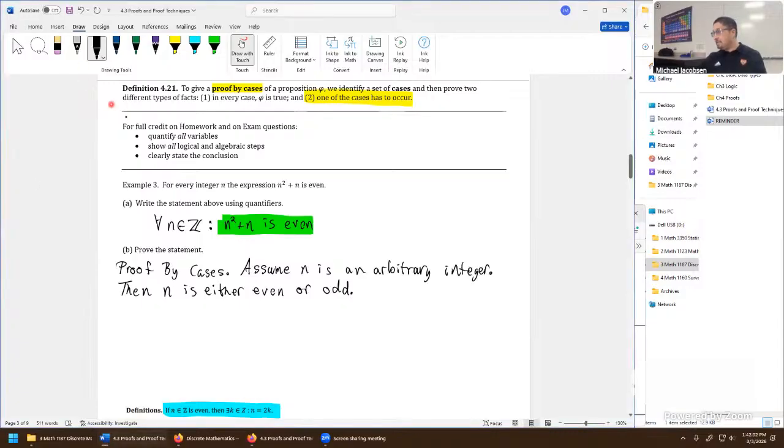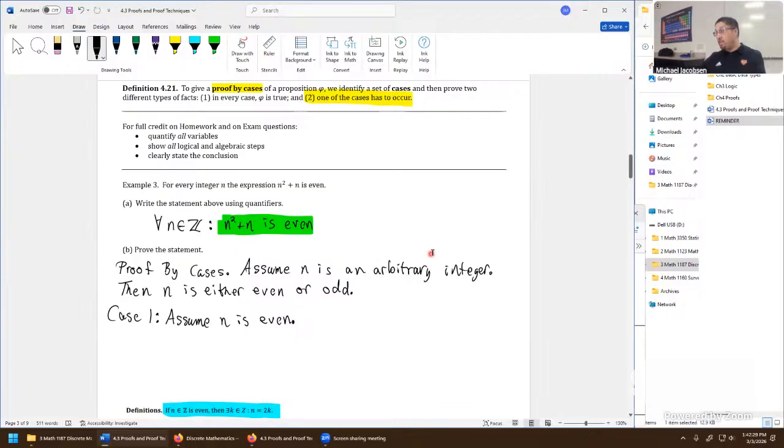Okay, well, let's start with even because it's right here on the paper. Let's label our cases as well. Case one, assume n is even. The moment we said that, we have now an algebraic form we can write down. N equals 2k, but we must quantify where that extraneous variable k came from.